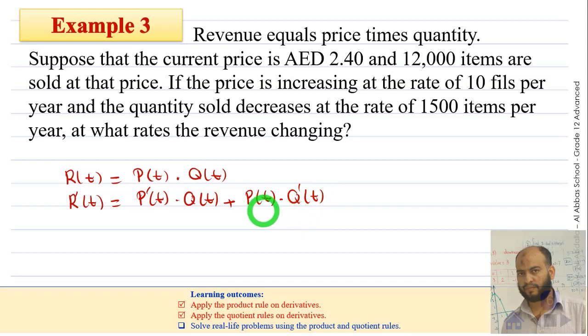And we have information about each of these terms from our example. The initial price P of 0 equals 2.40 dirhams.